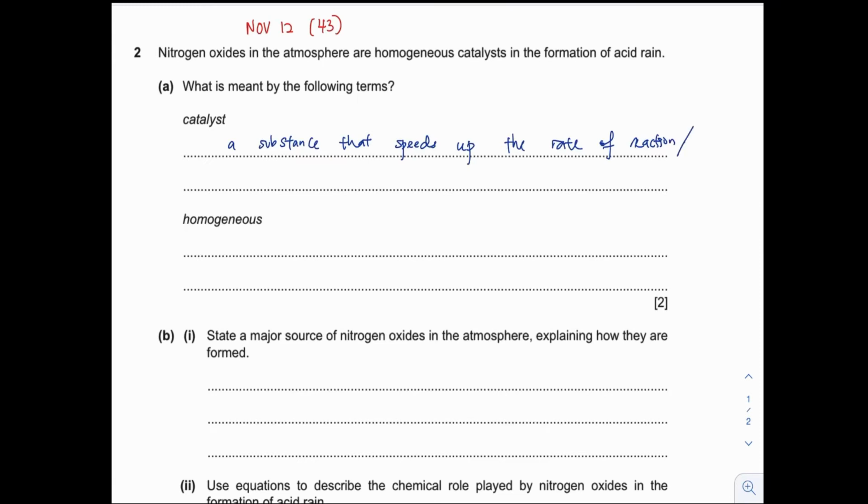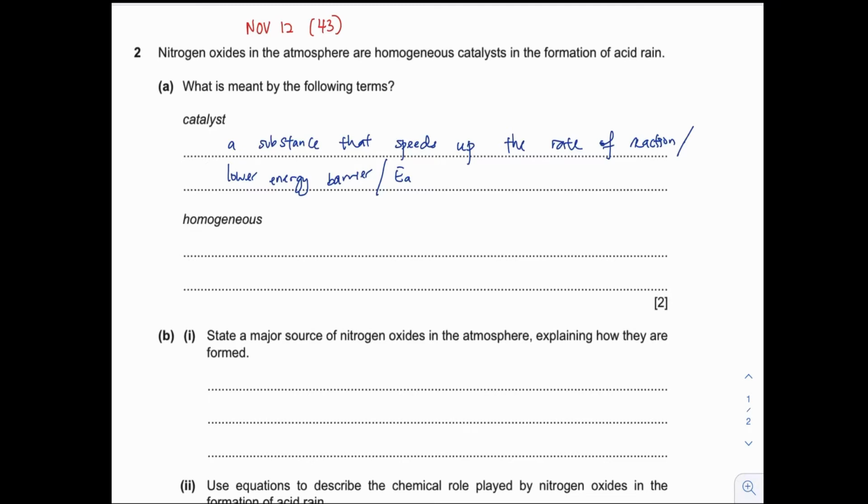Or you can mention a substance that lowers the energy barrier, or you can mention activation energy. All right, now what is meant by homogeneous?